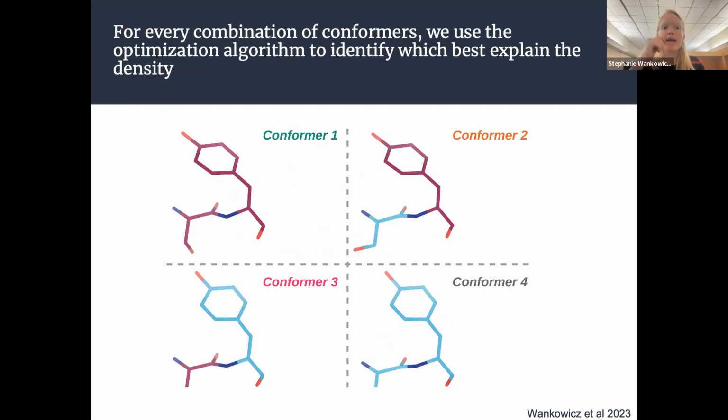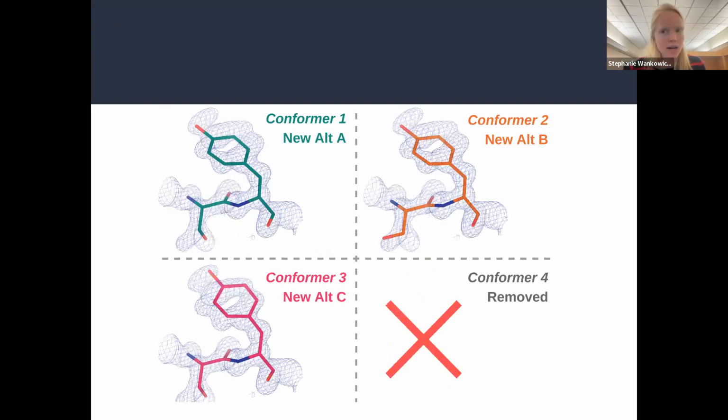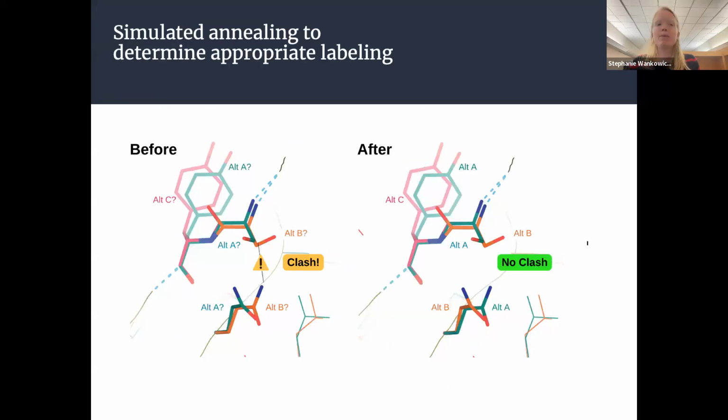We look at every single combination of the conformers, and we use, again, the same optimization algorithm with the BIC criteria to identify which explains best, removing different conformations as needed.